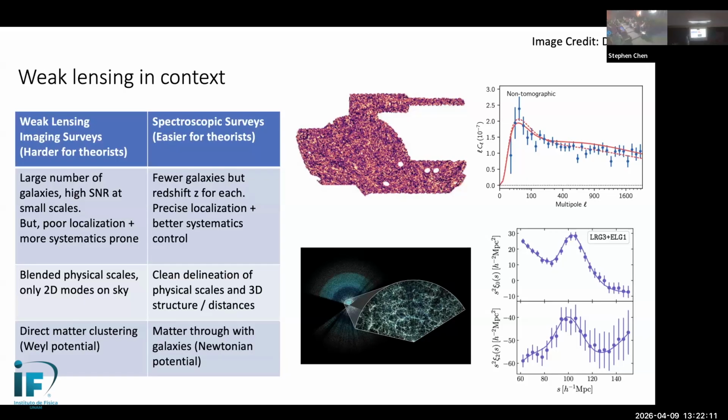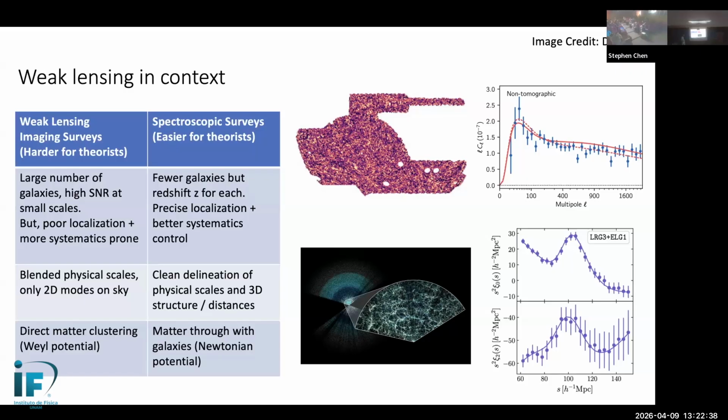But of course, we're not throwing away this physical information for no reason. The fundamental reason we want to do this is that by not having to take spectra for each of these galaxies, we can get a much higher signal to noise by capturing the weak lensing of many, many galaxies. And measuring the weak lensing signal allows us to directly probe matter clustering in the late universe through measuring the Weyl potential.